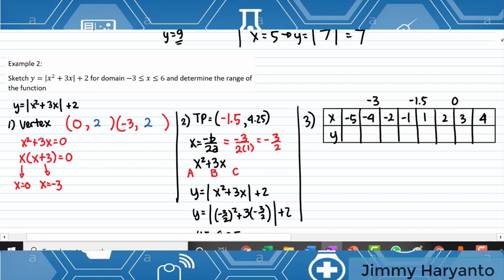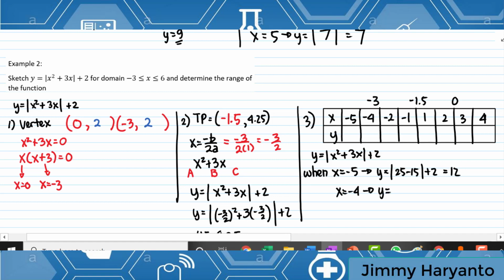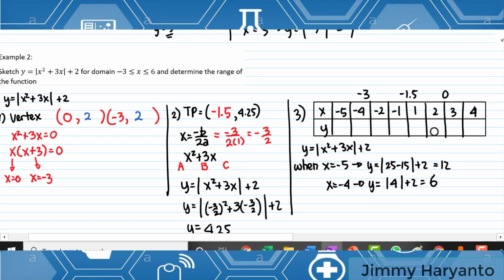Next, we have to find the value of y, x squared plus 3x, and then plus 2 ya, when x equals to negative 5. When x equals to negative 5, it means y equals to 25 minus 15 plus 2, 10 plus 2, 12. Okay, x equals to negative 4, y equals to 16 minus 12, it's 4, absolute value of 4 plus 2 equals to 6.